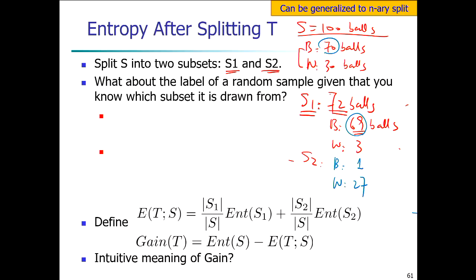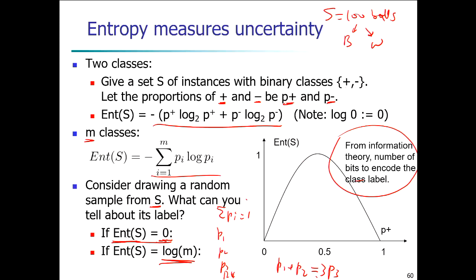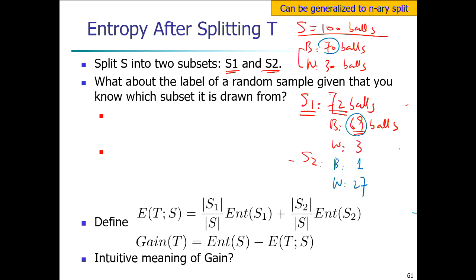If I randomly draw a ball, before I ask you to guess the color of the ball, I also tell you that this ball comes from S1 or S2. I give you a piece of additional information. This information is not given in the ordinary entropy case, right?